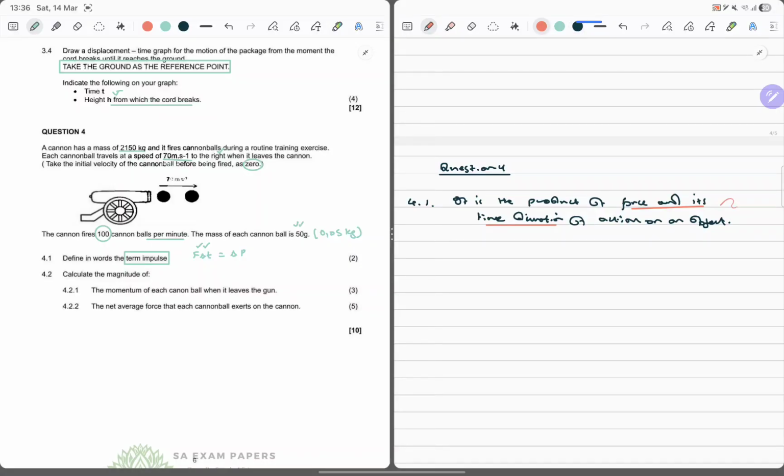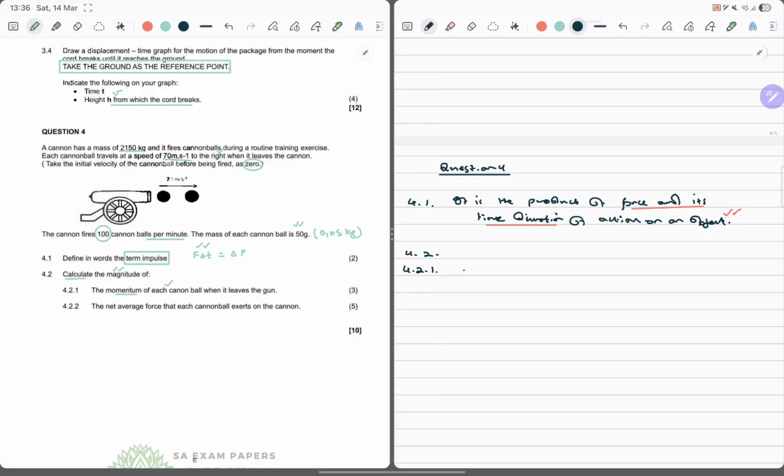Whatever. Easy, 2 marks. This should be 1 mark, by the way. 4.2 says calculate, and we're only looking at magnitude, so you may not have to worry about direction. So 4.2.1 says the momentum of each cannonball when it leaves the gun.